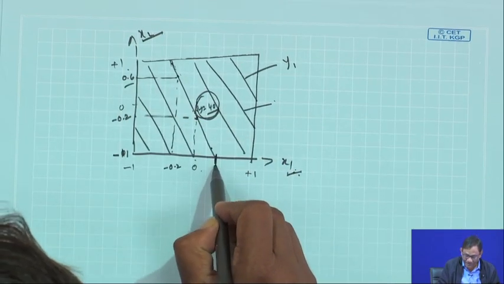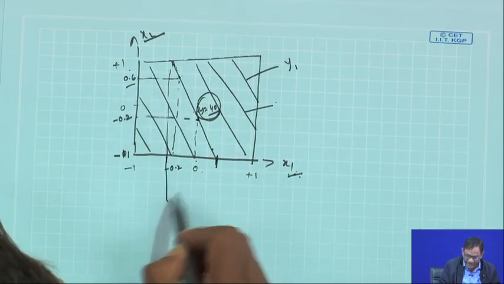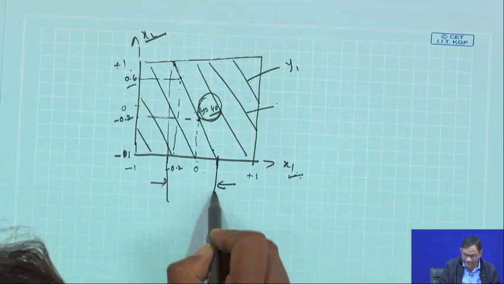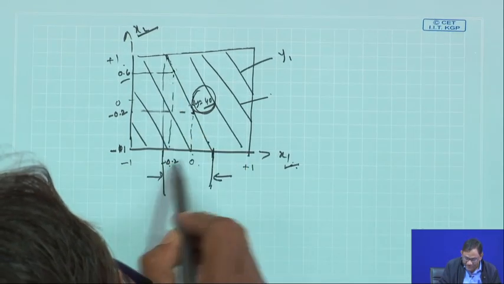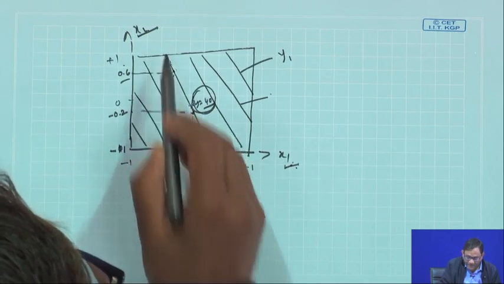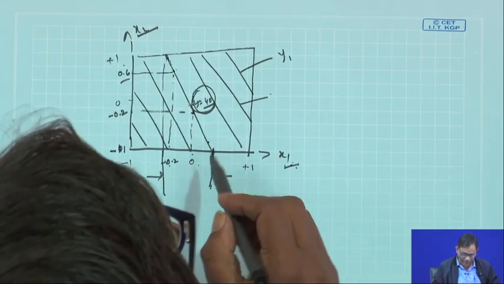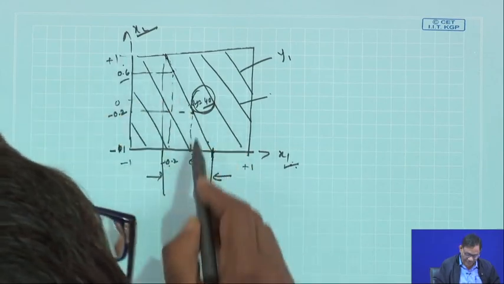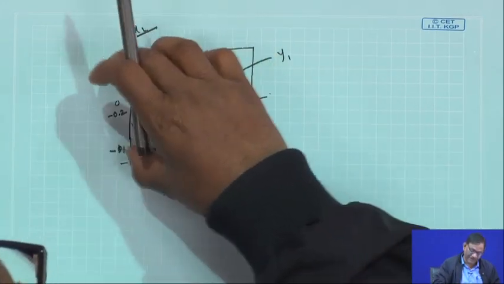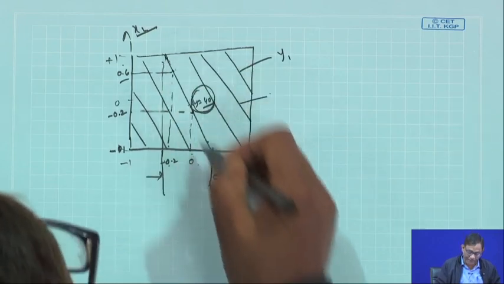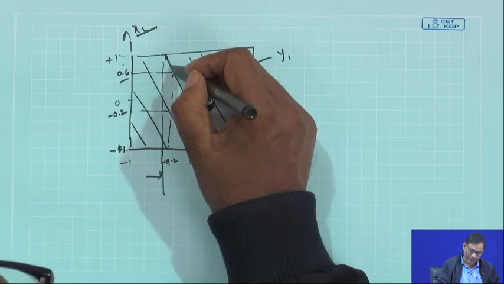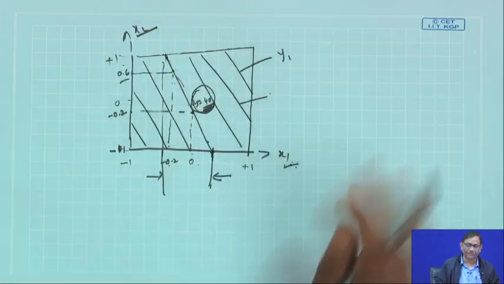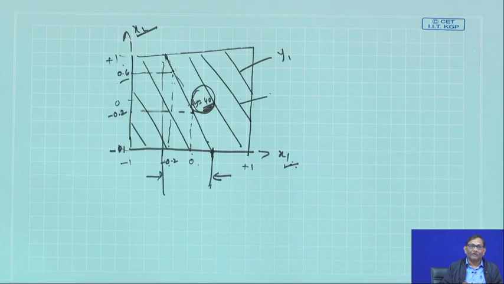From here to this is the range for x1, and similarly you will find the range for x2. If you want y to be around 40, you choose any point here and the corresponding x1, x2 will give you the parameter settings where you will fix.